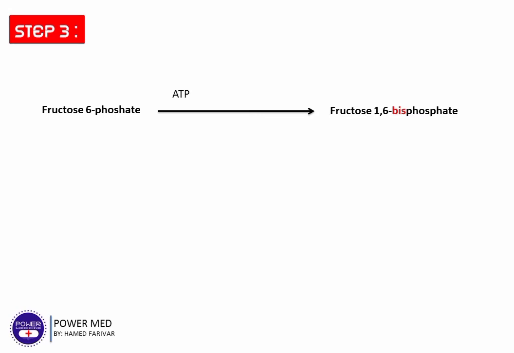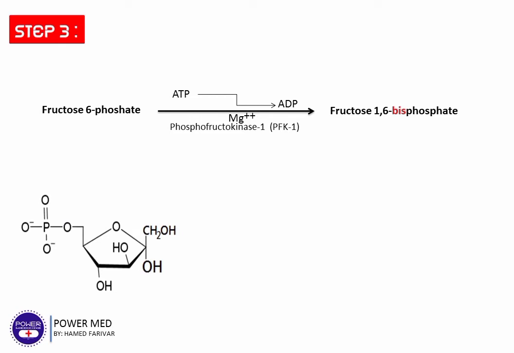The newly attached phosphate group comes from ATP, which makes it ADP and gives a phosphate group to fructose 6-phosphate. And this reaction is catalyzed by the enzyme phosphofructokinase 1, abbreviated as PFK1, that needs magnesium ion as its cofactor in this reaction. And now we're going to look at the structure of these intermediates to understand more.